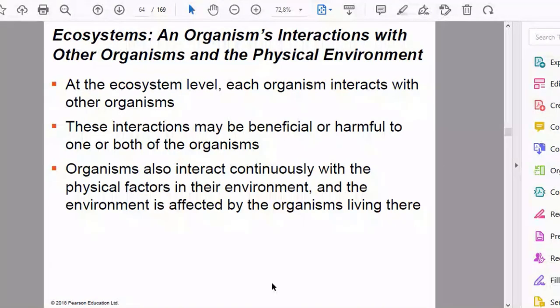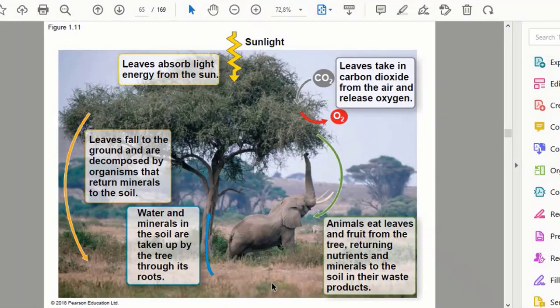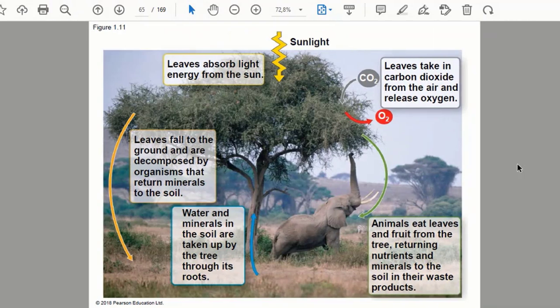But let's continue. Another example is if you see this little fella here, Mr. Elephant, Eli, there is a factor which is the sun. We talked about this when we were talking about the sun, which comes as a light source, energy. So the leaves absorb the light, which is energy from the sun.